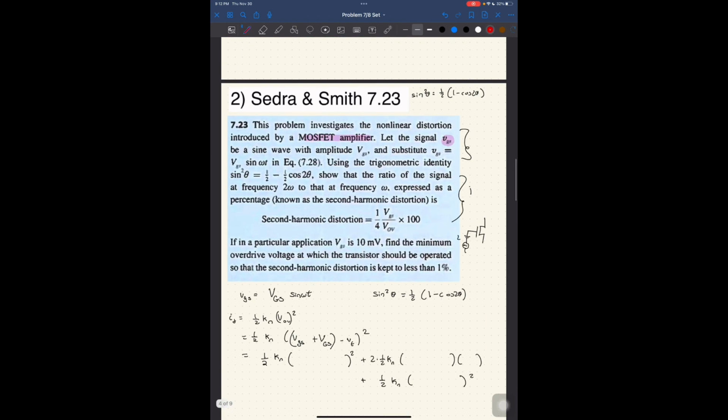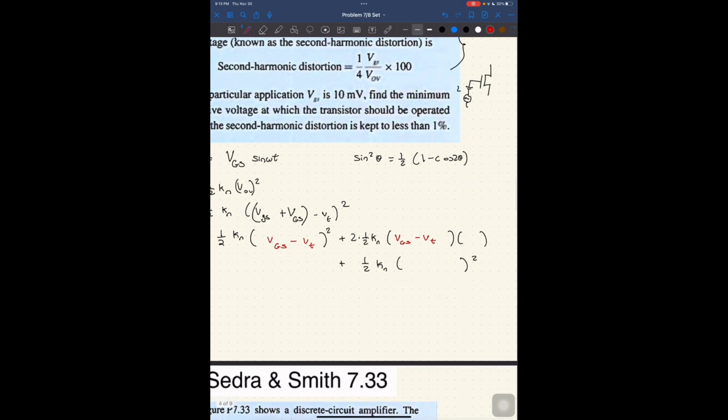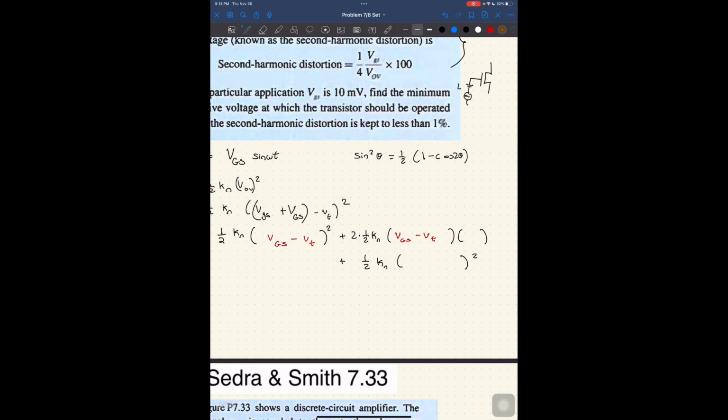If you expand this the normal way, you'll still get the same answer, but this is just a shortcut. Basically it's going to be half Kn (VGS minus VT) squared plus Kn (VGS minus VT) times little vgs plus half Kn little vgs squared. So notice the pattern is this whole thing squared times this thing. Let me just clean this up a little bit.